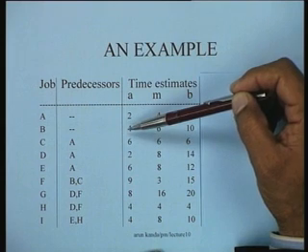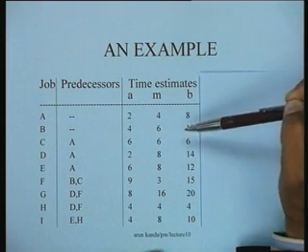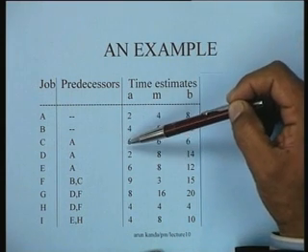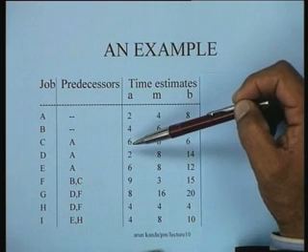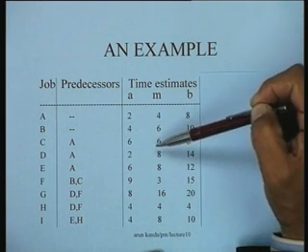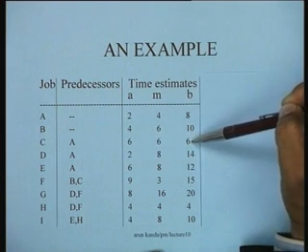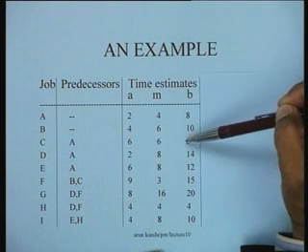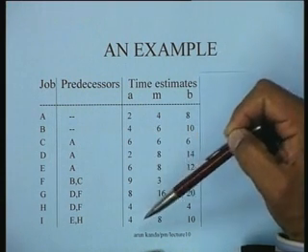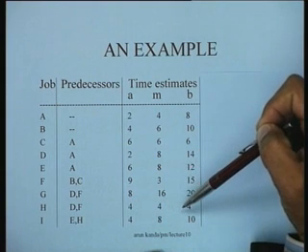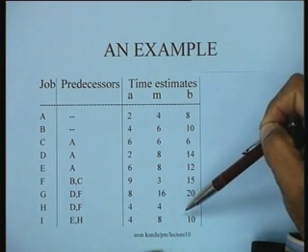And similarly for job B we have these estimates. However, we are fairly sure of the time of activity C. We are quite sure that activity C will take 6 days, so we indicate 6 on all the 3 values of A, M and B. And similarly here we find that activity H also we are fairly sure will take only 4 days.